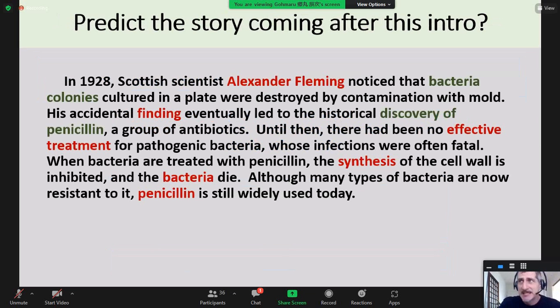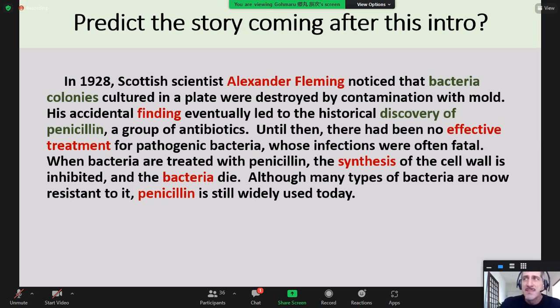In 1928, Scottish scientist Alexander Fleming noticed that bacteria colonies cultured in a plate were destroyed by contamination with mold. His accidental finding eventually led to the historical discovery of penicillin, a group of antibiotics.